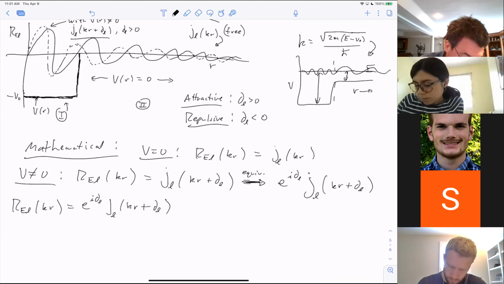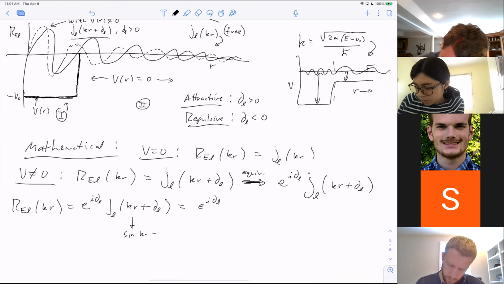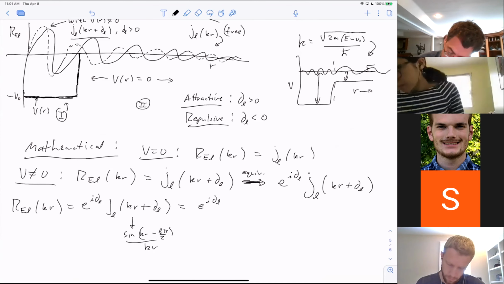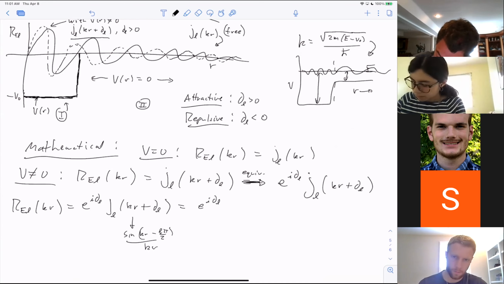But then what I can do is write this as e to the i delta L, and now I'm going to use the fact that this is the same as sine of kr minus L pi over 2, over kr. Then I'm going to decompose the sine wave into exponentials, and so I can write that Bessel function in terms of one half.